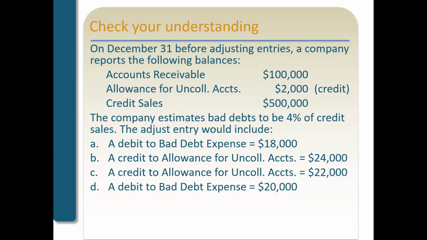The adjusting entry would include A, a debit to bad debt expense of $18,000. B, a credit to allowance for uncollectible accounts, $24,000. C, a credit to allowance for uncollectible accounts of $22,000. Or D, a debit to bad debt expense of $20,000.